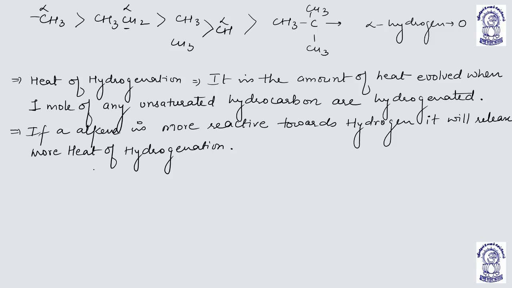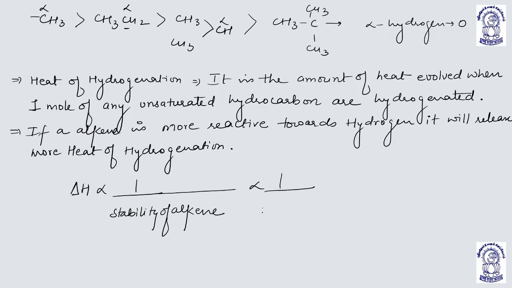Heat of hydrogenation is inversely proportional to the stability of alkene. Delta H is inversely proportional to stability of alkene. It is also inversely proportional to the number of alpha hydrogen.